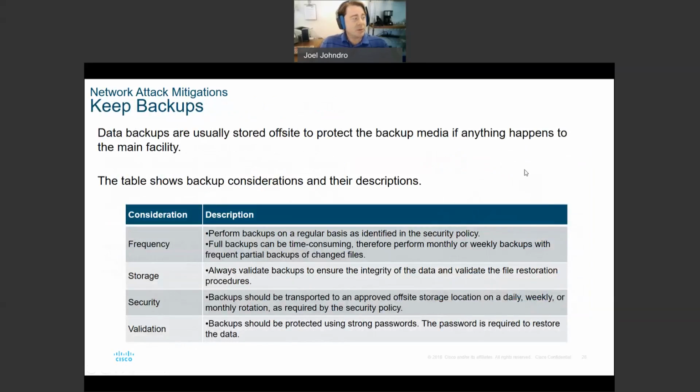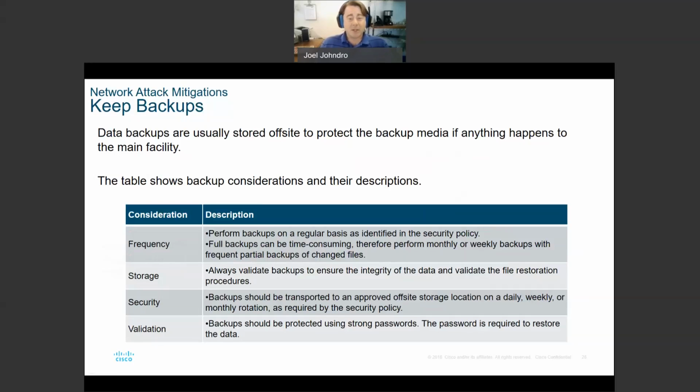So backups are another important aspect or mitigation strategy against threats. And you would think, well, backups don't really protect against threats. Well, if a threat is successful, if you have a good backup, you have a better chance of recovering quickly.